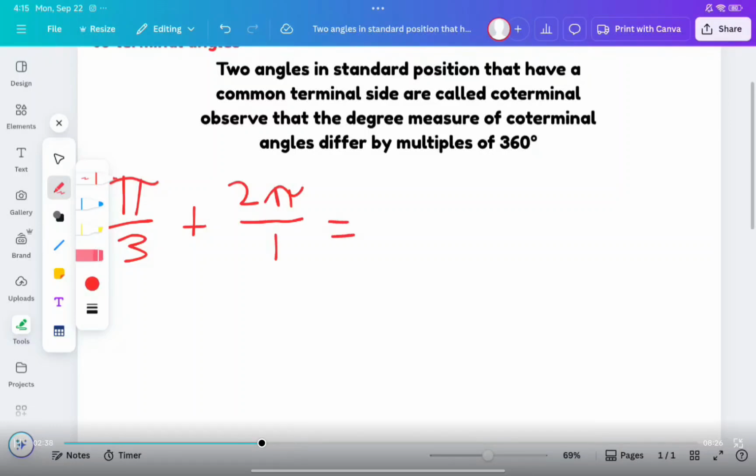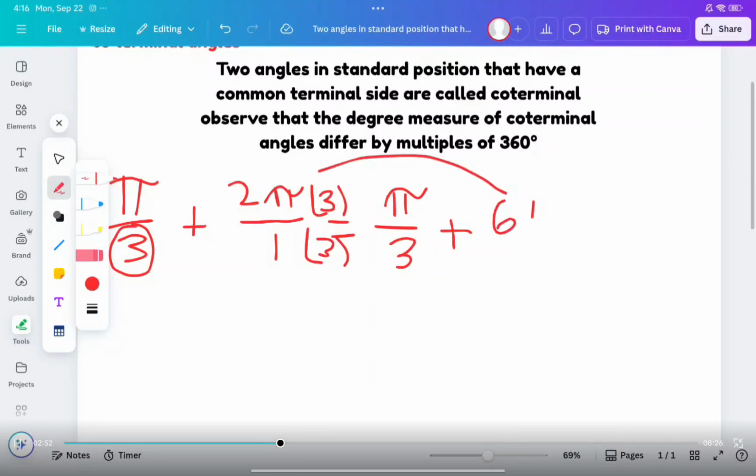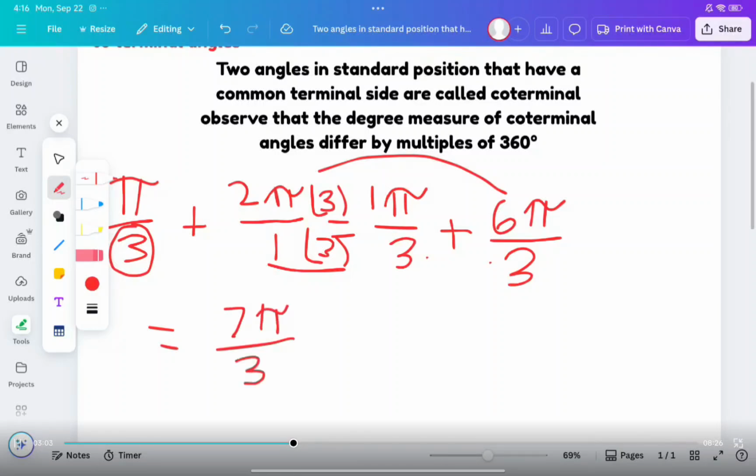Since our denominator is 3, let's multiply 2 pi and 1 by 3. So 2 pi times 3 is equal to 6 pi, and 1 times 3 is equal to 3. Since we have 1 pi here, 1 pi plus 6 pi is equal to 7 pi. And let's just copy the denominator.